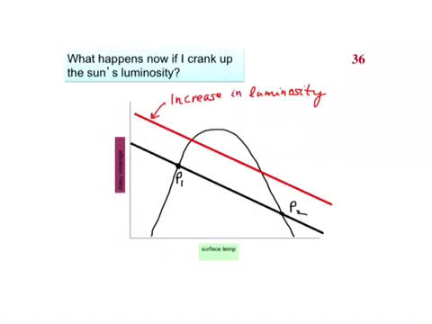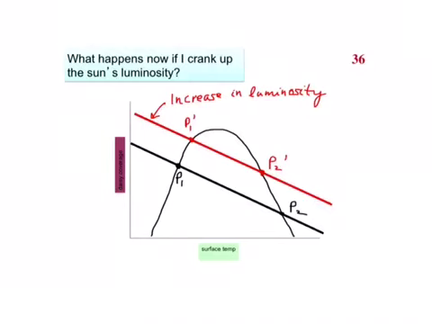What we do need to do, though, is make note of our new P1, which I'll call P1 prime, and our new P2, which is P2 prime. So what we see here is that there has been a slight increase in the stable equilibrium temperature of our planet.